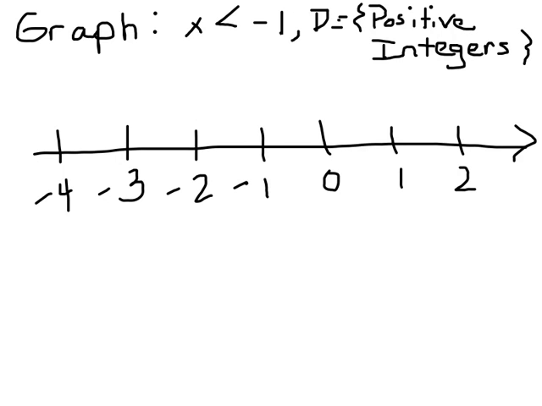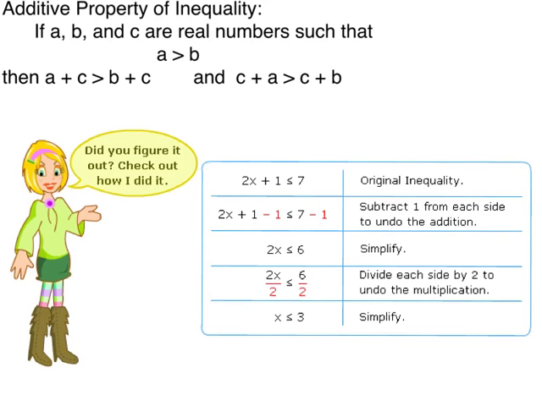So now this one's going to be a little different. Because we can only use positive integers, that would mean 1, 2, 3, and so forth. But x is less than -1, then we call this the empty set or the null set. There is no set of answers that will satisfy that equation given that domain.